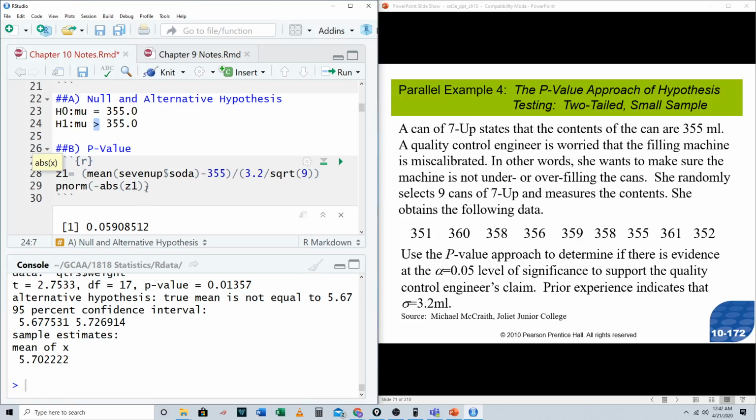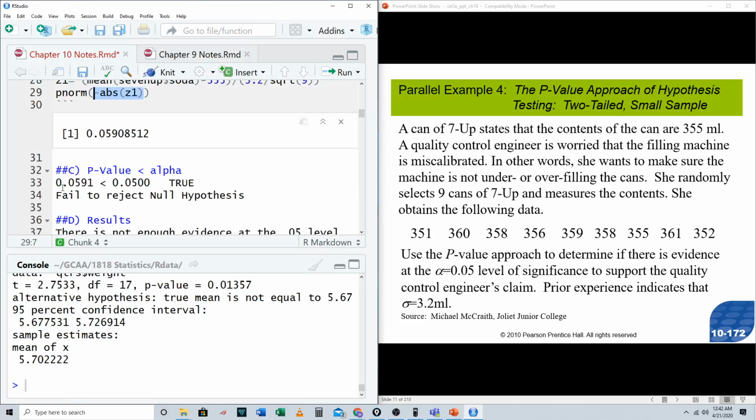If we always do it this way, it'll work out very nicely. Calculate. So I get this probability 0.059. I'm going to go to 4 decimal places, 0.0591.